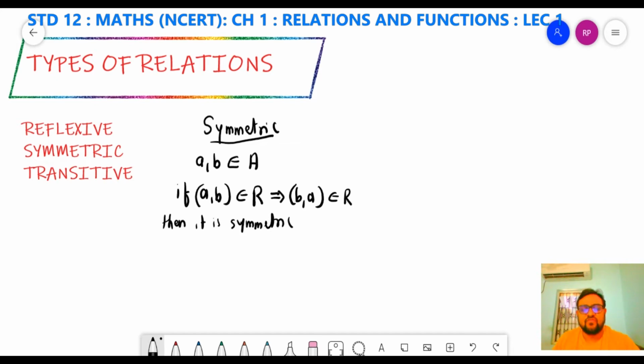So remember, if (a, b) belongs to R, then it implies (b, a) belongs to R.